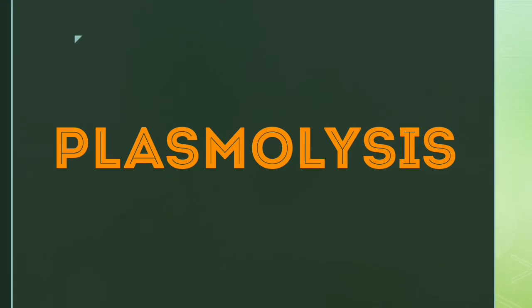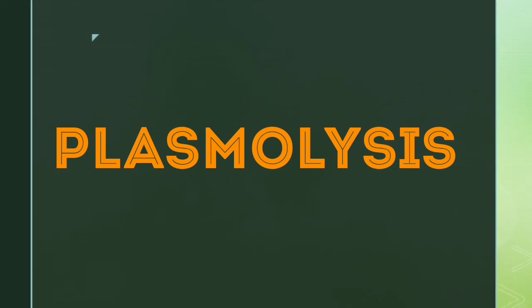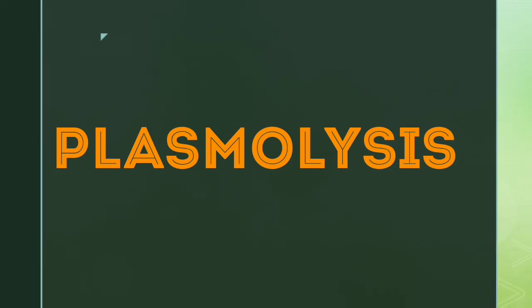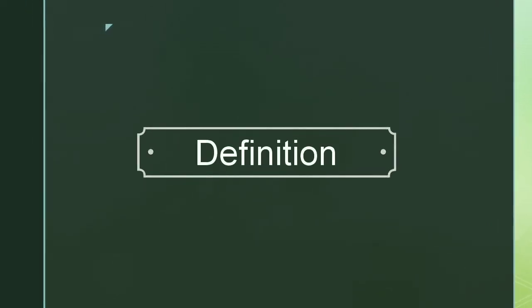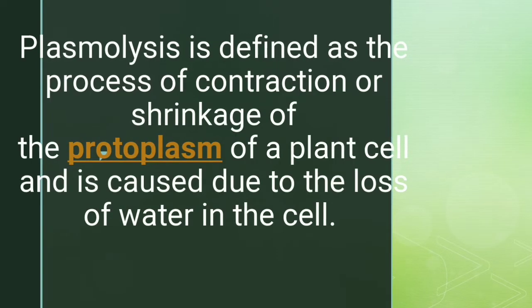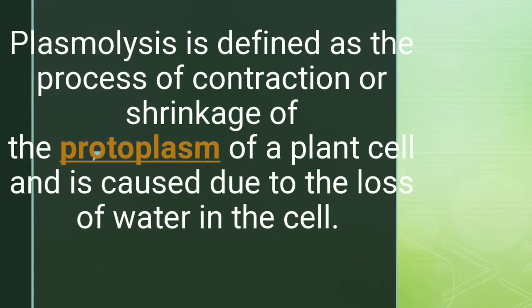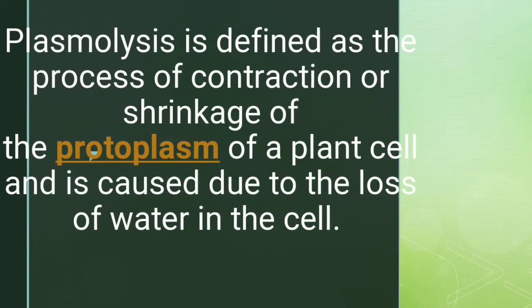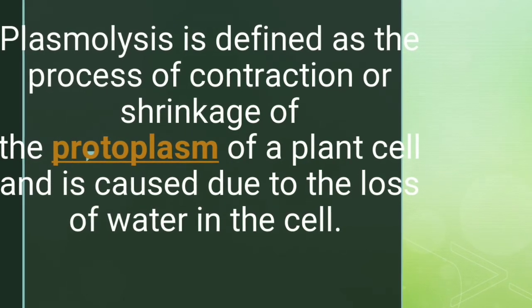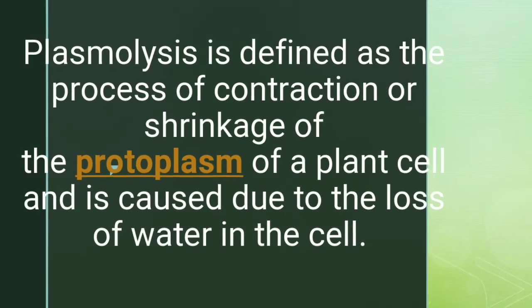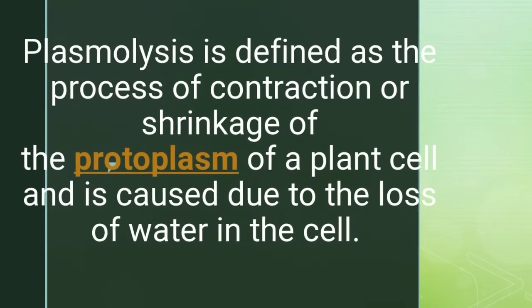Now we have to learn plasmolysis. It is a process of osmosis which occurs in plant cells. It is defined as the process of contraction or shrinkage of the protoplasm of a plant cell when it is kept in a hypertonic solution.